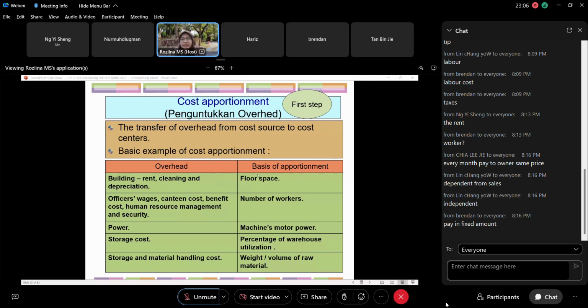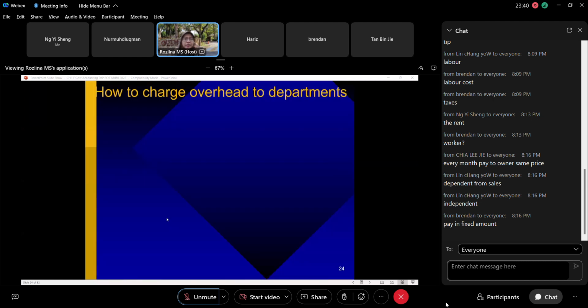Here you can see how to measure: for this one we use floor space, for the officer wages it is based on the number of workers. Power is based on the machine motor power. Storage uses warehouse utilization percentage. Material handling uses the volume of raw material. You have to determine what the basis is to measure the overhead.